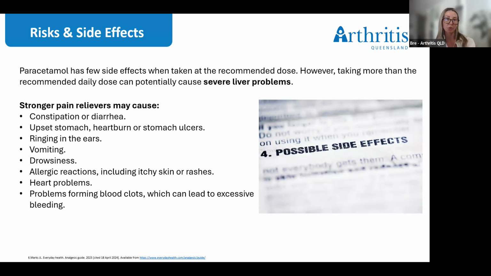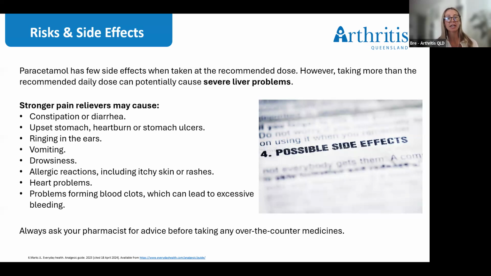Some people have reported allergic reactions, itchy skin, or rashes. In some cases, they may cause heart problems and problems forming blood clots, which may lead to excessive bleeding. So always have a chat to your pharmacist for advice before taking any over-the-counter medicines, and talk with them about the current medication that you're on as well.